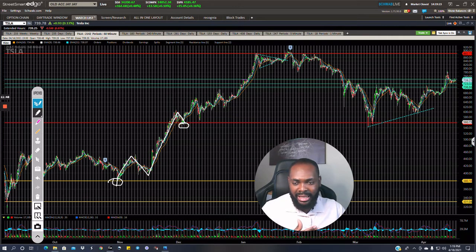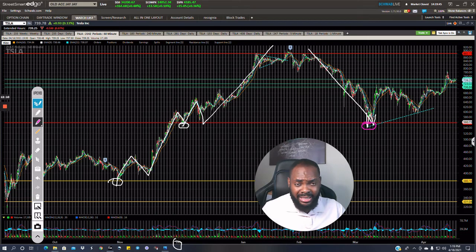In December, this is the level we talked about, and from there we bounced. And when Tesla sold off, we came back down in March, and we had a double bottom at this level right here. That's also the level we spoke about on the 4-hour time frame.